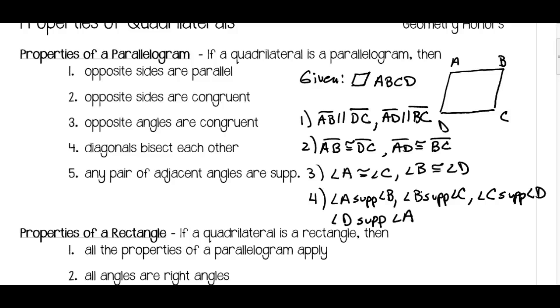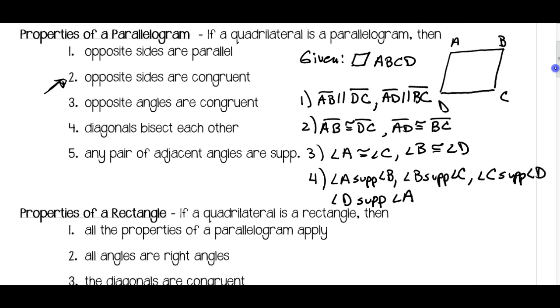If you're given a parallelogram and you're using these in a proof, you could just simply say opposite sides. If we're using number 2, for example, we would say as our reason, opposite sides of a parallelogram are congruent. We don't need to state these in if-then form.